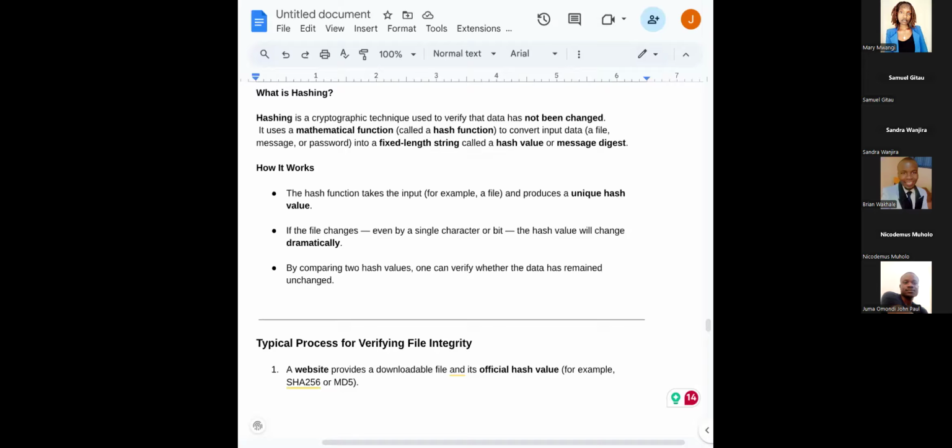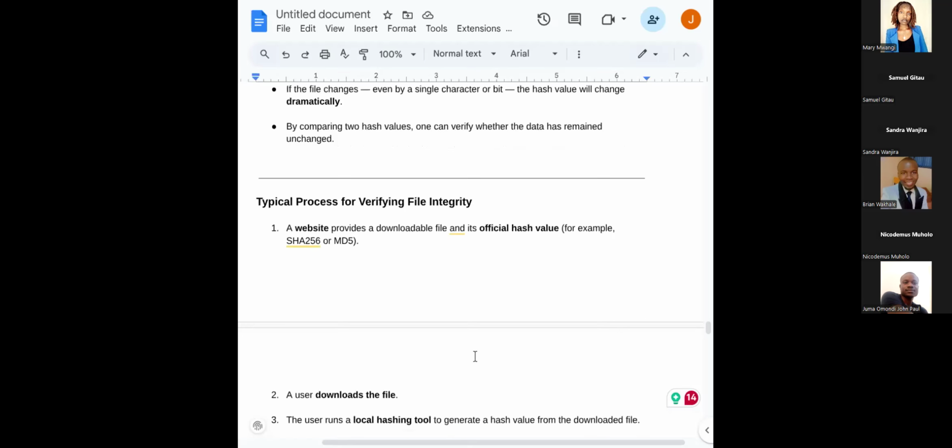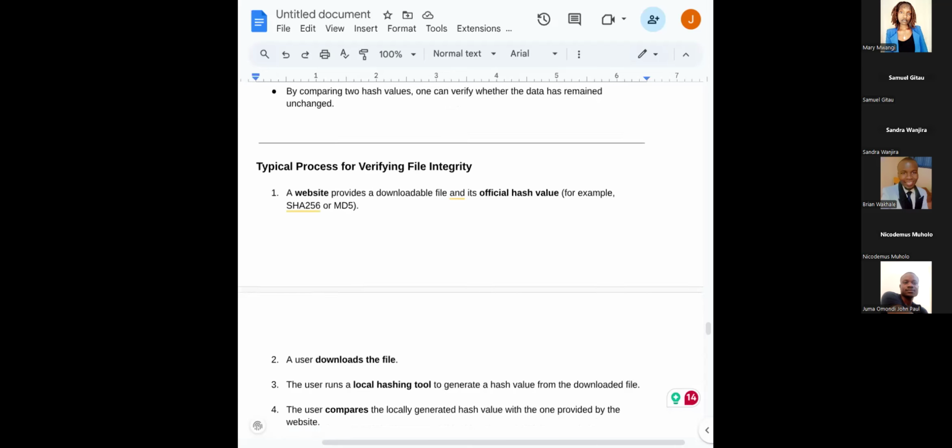Exactly. So with hashing, it will equate our password with a unique value. And if our password changes, if our file changes, our unique hash value is going to change, right? And if it changes, you're going to get to know that someone touched something they were not supposed to touch.